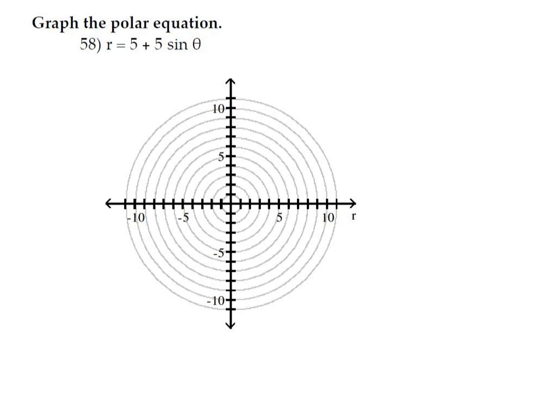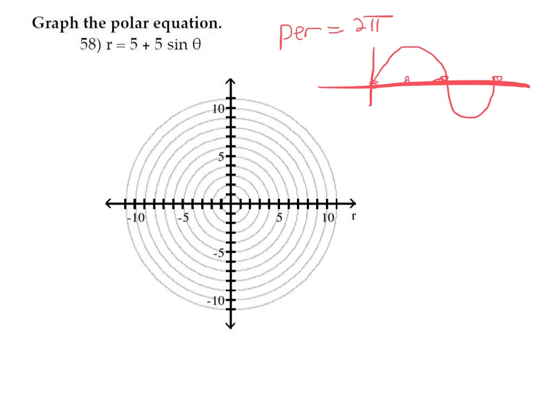Graph the polar equation r equals 5 plus 5 sine theta. The first thing I'd like to look at is the sine theta. From sine theta, I can see the period is 2 pi. Now for a sine wave, the key points are where it's at the baseline, 3 different spots, and where it's at a maximum and minimum.